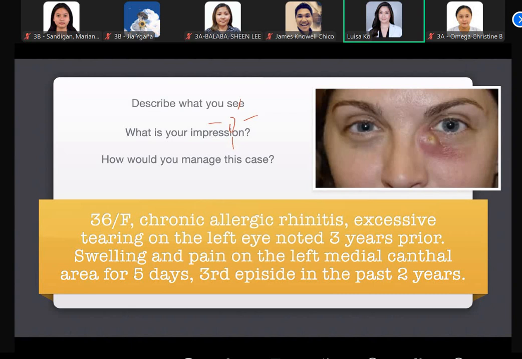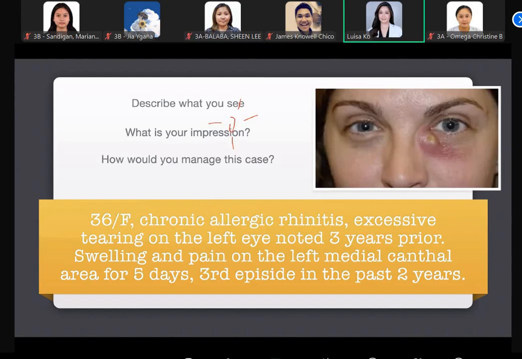Initially, tearing was the complaint before the swelling. This is a recurrent problem also. Chronic allergic rhinitis is the risk factor, right? Yeah, good.